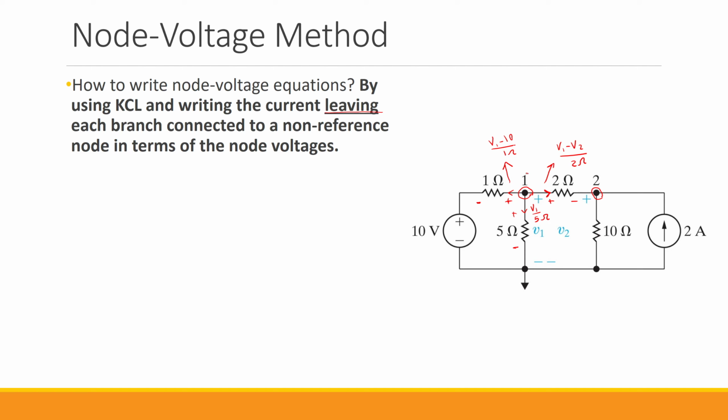So now, as you can see, we have all the currents that leave node 1 written in terms of V1 and V2. So without any addition of new variables like currents of these individual resistors, we were able to write the KCL for this node based on the two variables that we use, the node voltage variables.